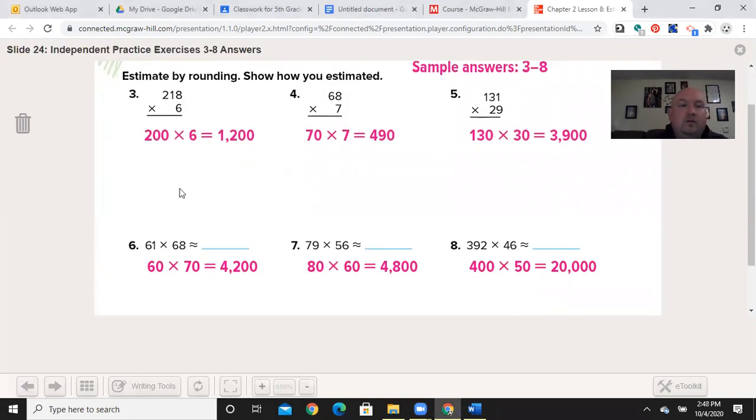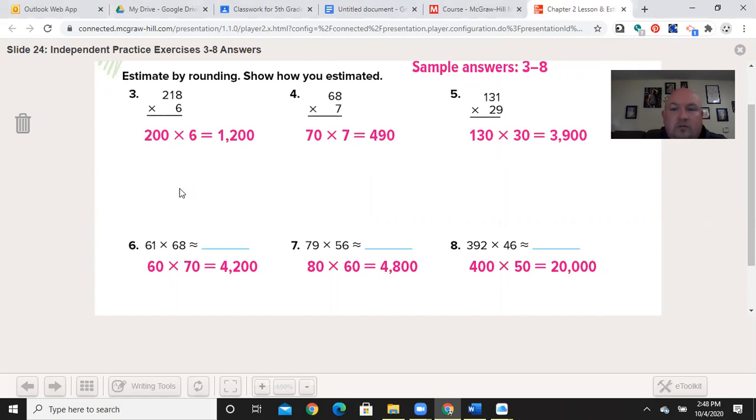Here's a sample answer because on the first one they went with 200 times 6, but you could have gone 200 times 10 possibly as well. But notice that when going with 200 times 6, where you only rounded to the nearest 100, that answer is significantly different. On number 4, we have 70 times 7, which makes sense, 490. Over here, 130 times 30.